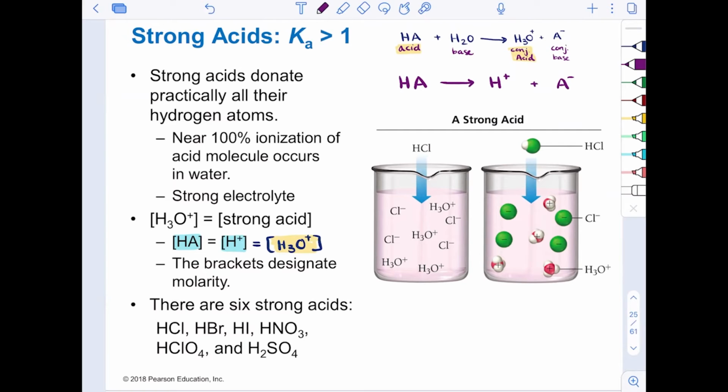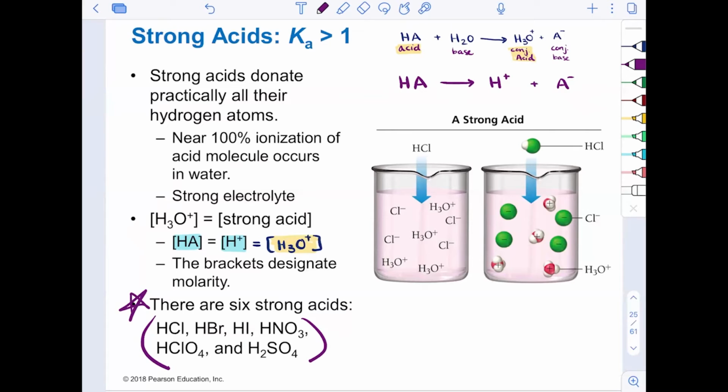Now, there are 6 strong acids that you need to know. The binary acids HCl, HBr, and HI are all very strong. The oxo acids, nitric acid, perchloric acid, and sulfuric acid are also important. You got to know these, all right?